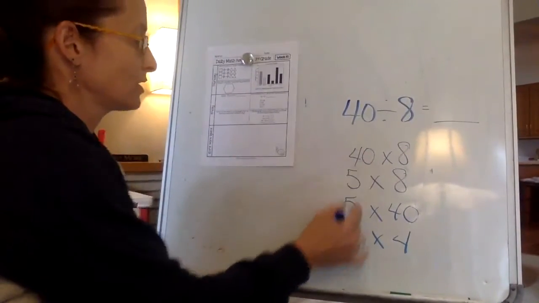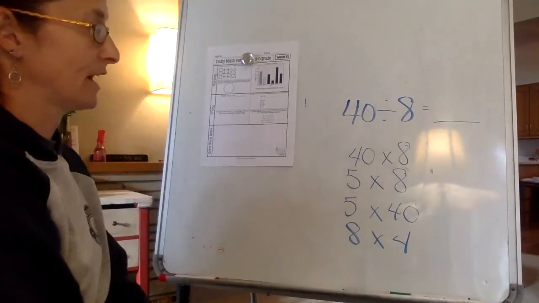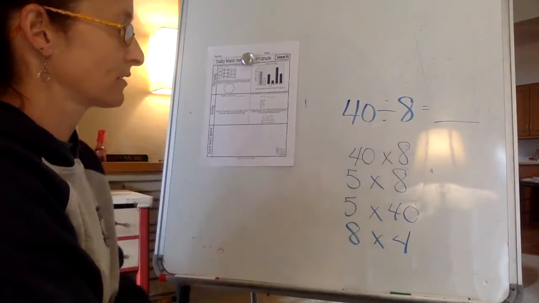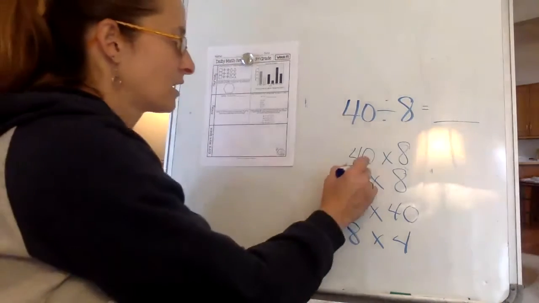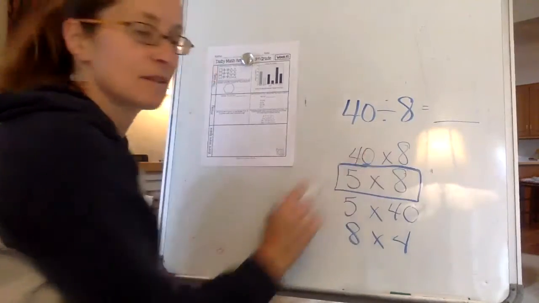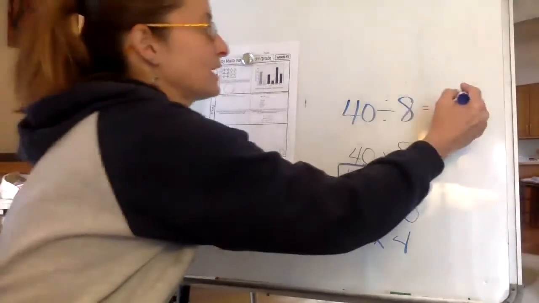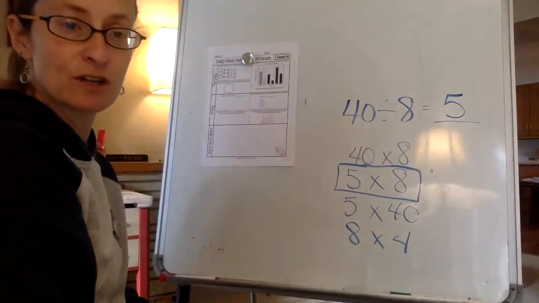Move this a little bit. Okay, so which one of these is going to help you solve that? Okay, 8 times what gives me 40? That's as simple as that, boys and girls.